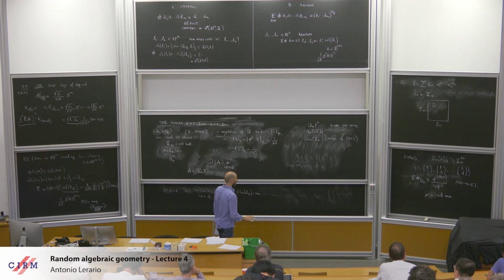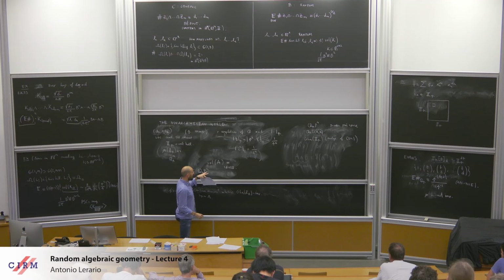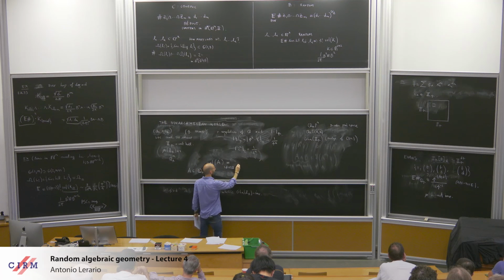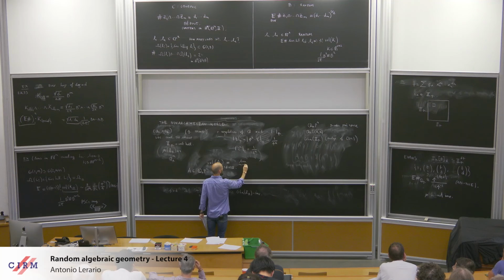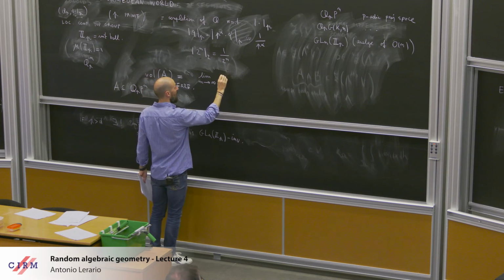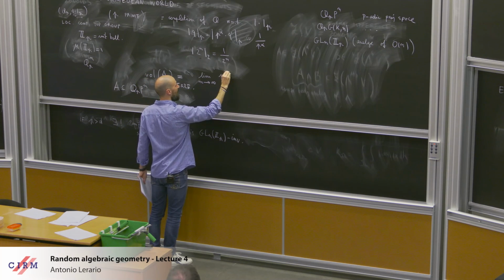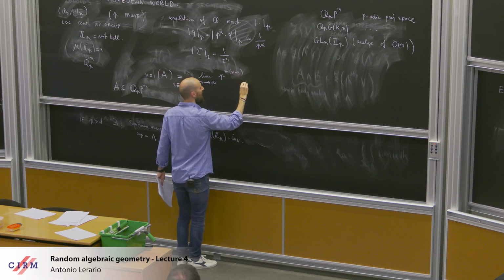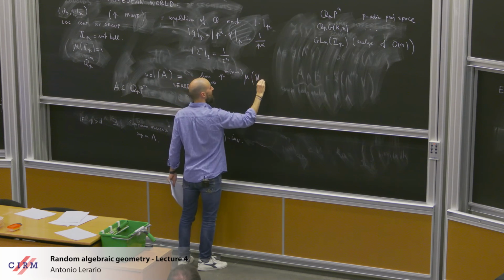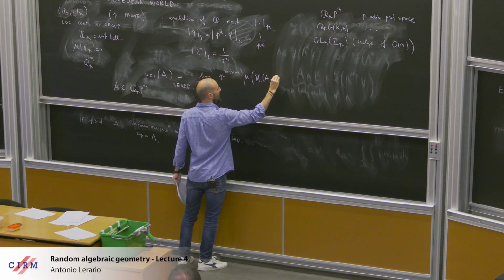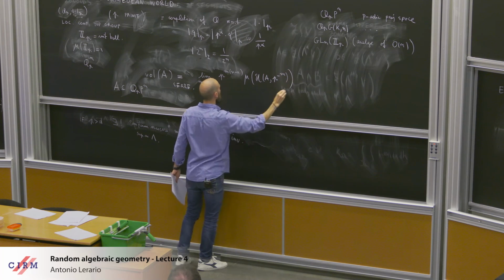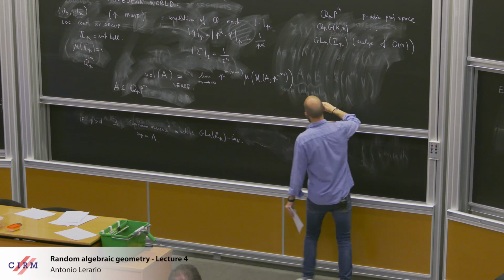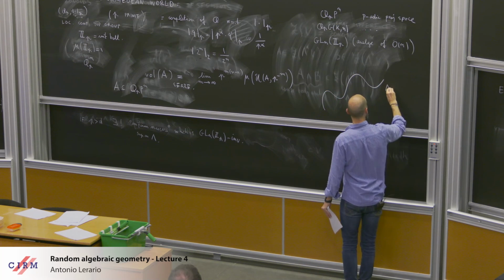So what I wanted to explain is that there is a notion of volume that was defined by Serre. Essentially, if this is codimension a, you just take the limit as m goes to infinity of p to the m times the codimension, n minus a, times the measure of an epsilon neighborhood. So this would be precisely what we are doing over the reals. We have a submanifold. What is the volume?